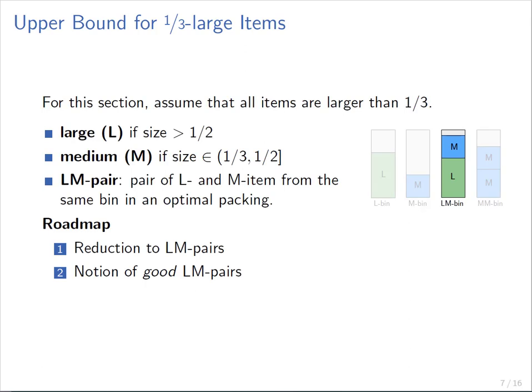The second step in the proof, maybe the main ingredient for the whole proof, is the notion of good LM pairs. So these are LM pairs which have some nice properties. And as a consequence, we can show that good LM pairs have some positive implications on the packing.